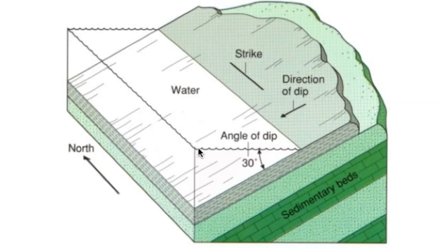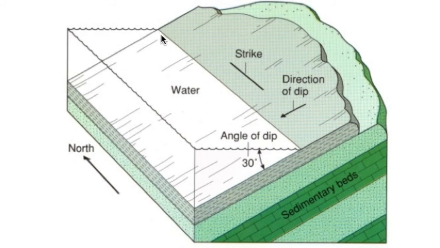So here we have another diagram. This is basically the diagram we tried to draw earlier, just a slightly different orientation. The beds here are dipping to the west now instead of to the east as we drew it. In green we have these dipping sedimentary beds, and the imaginary horizontal surface. You could imagine sea level rising, and water is always going to make a horizontal surface on top.